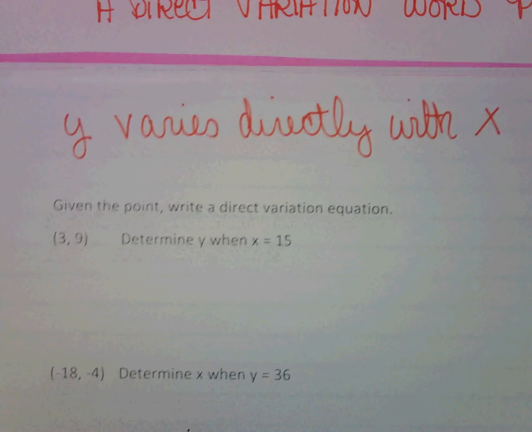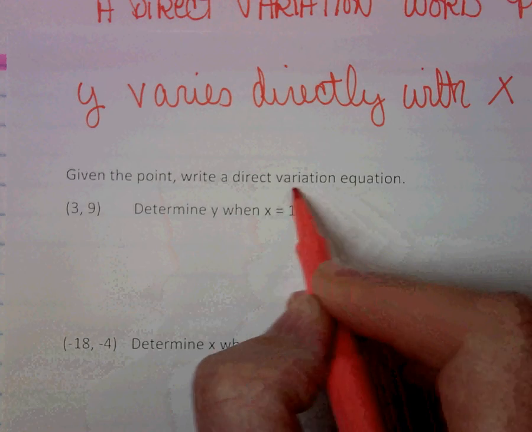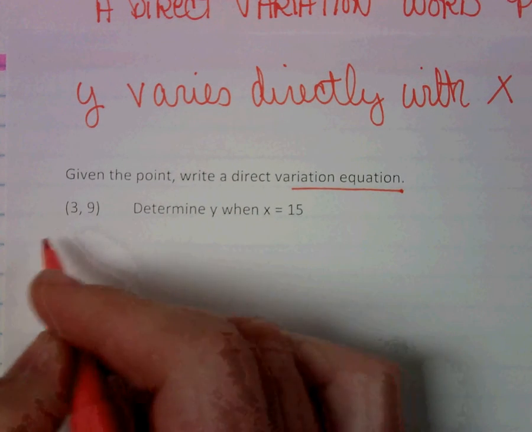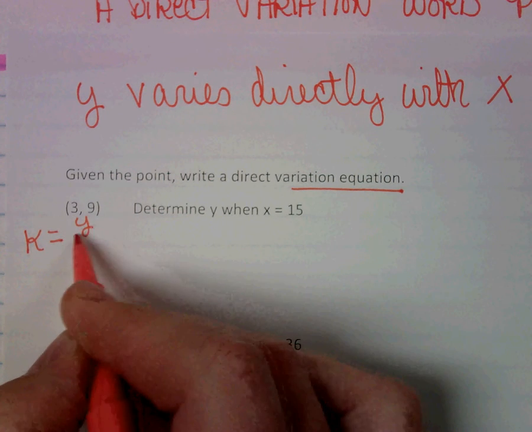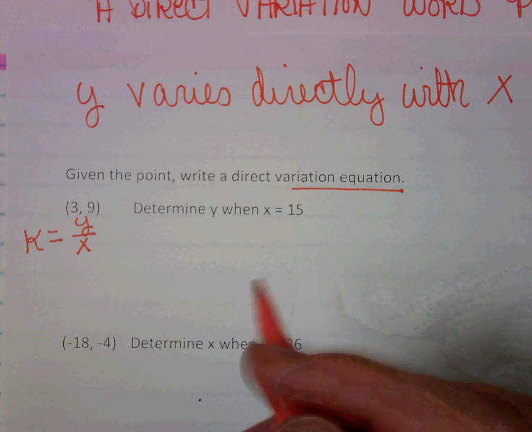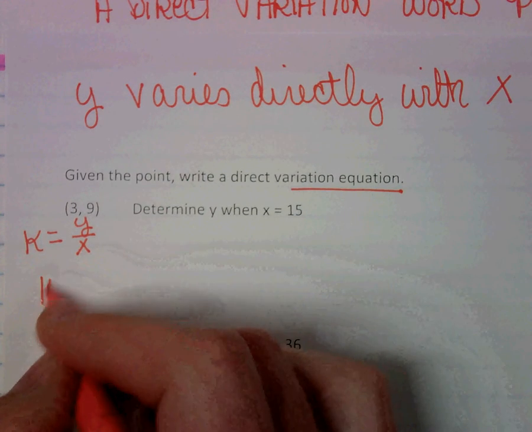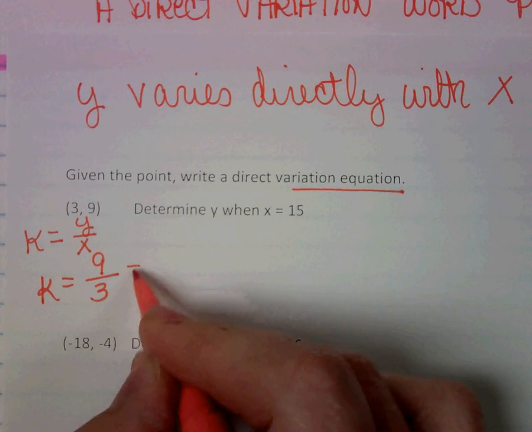So our first example says, given the point, write a direct variation equation. We already talked about that direct variation has that unique relationship of our constant of variation being y over x. So all we need is 1 point. So I can simply say that for my constant of variation, it's 9 over 3 or 3.